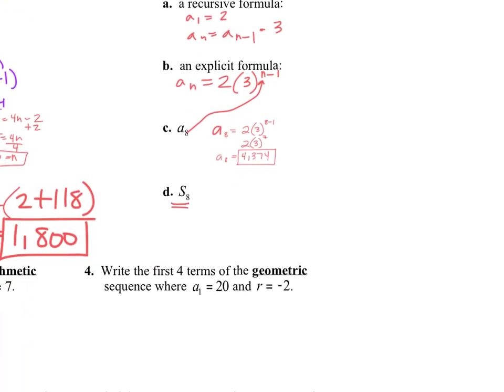So the sum of 8 terms is going to be our a sub 1, that's 2, times 1 minus our common ratio, 3, to the n power, 8, over 1 minus the common ratio.